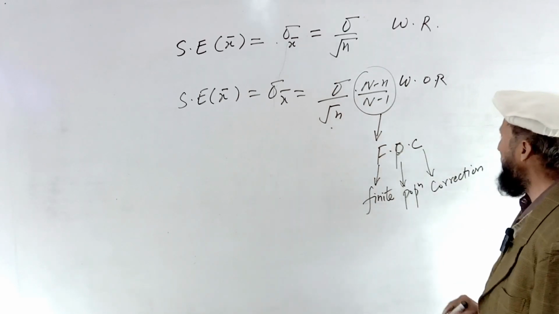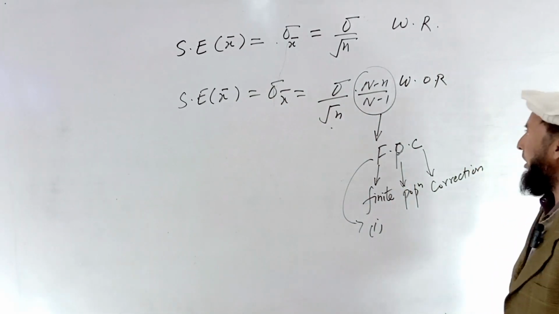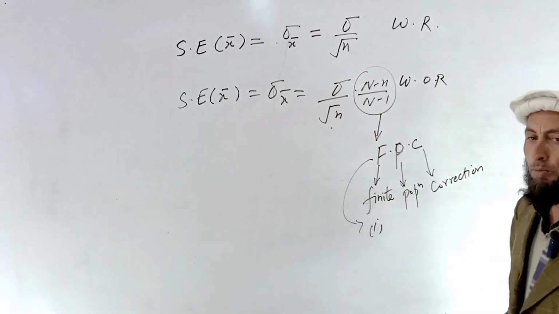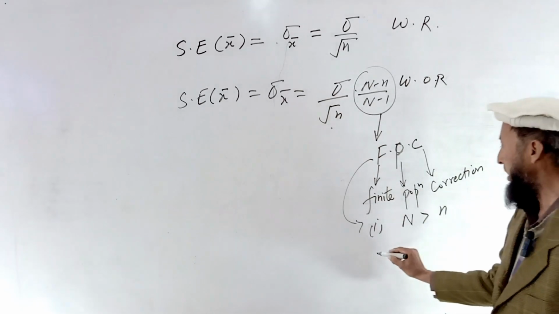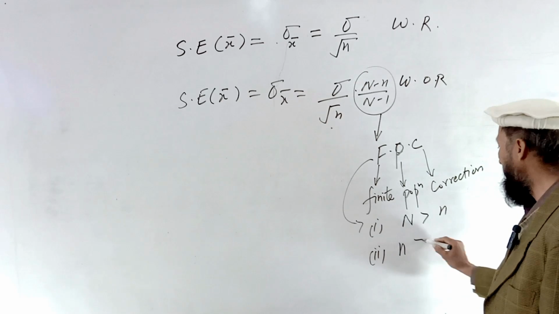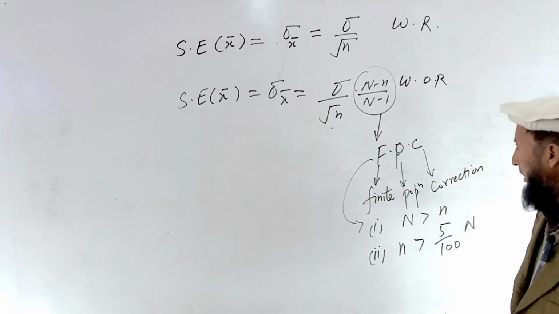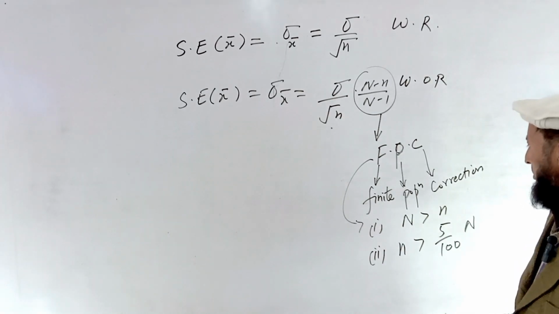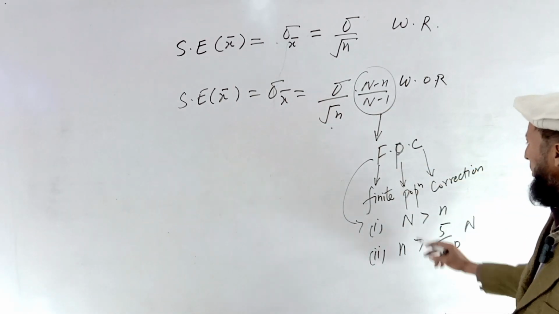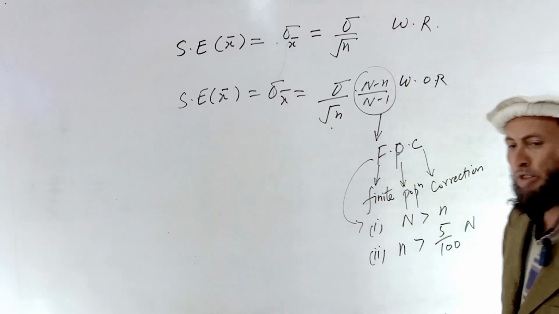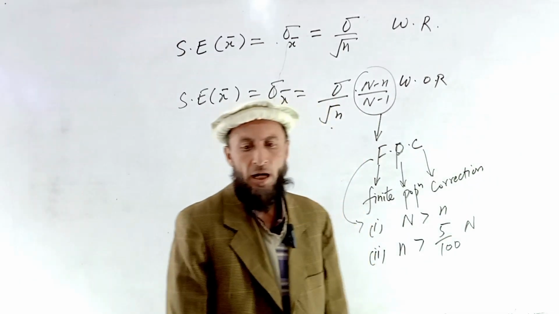FPC has two conditions. In the case of without replacement, the first condition is that N must be greater than n, and secondly, n must be greater than 5% of N. Capital N means the population size, and small n means the sample size.